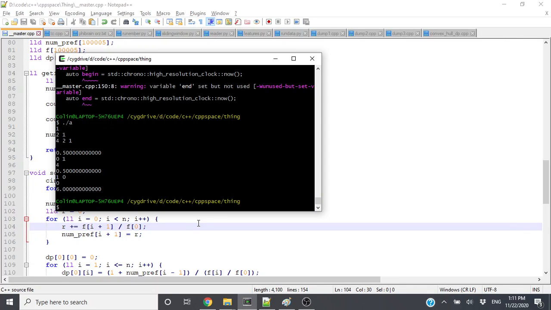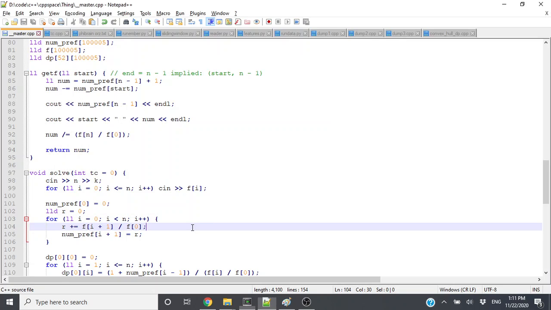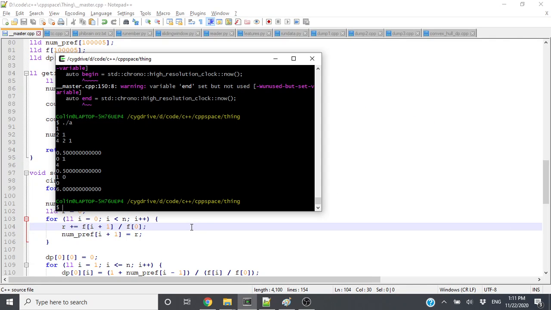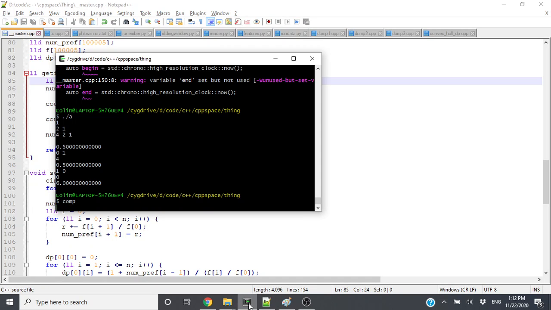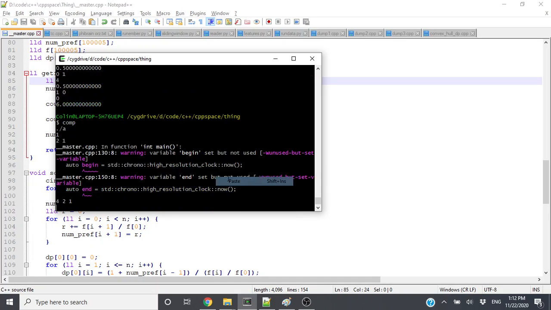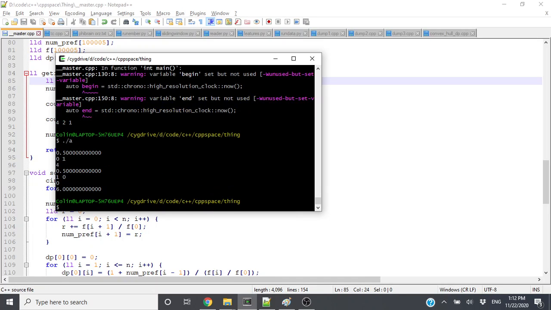Start, num, etc. It's like 0.5, which is just that. So if I make this n, does it just work? No, it doesn't. Okay.